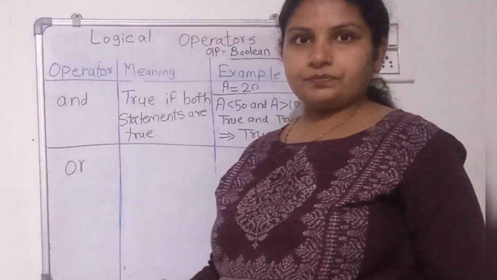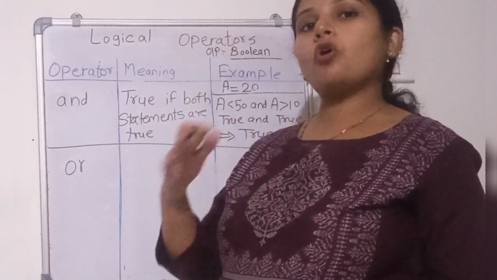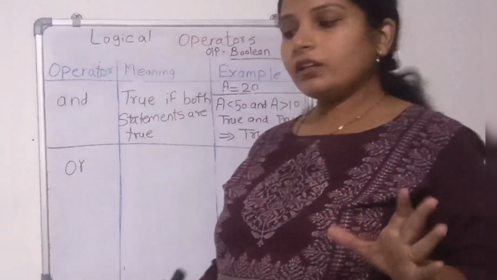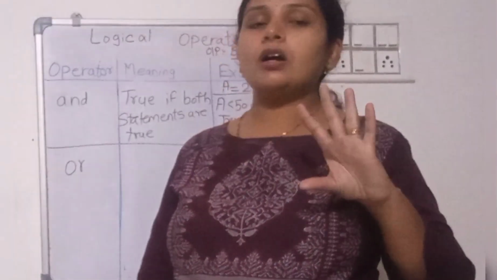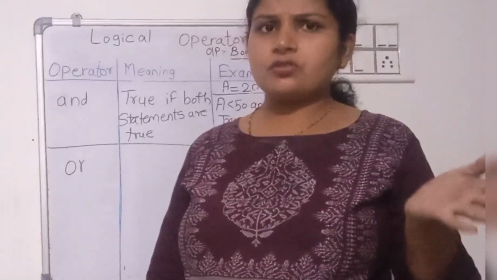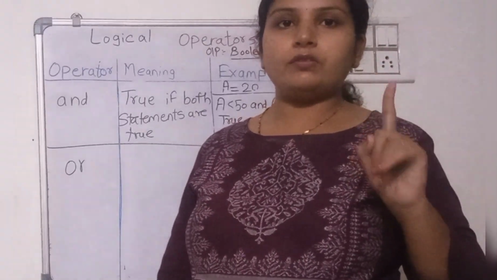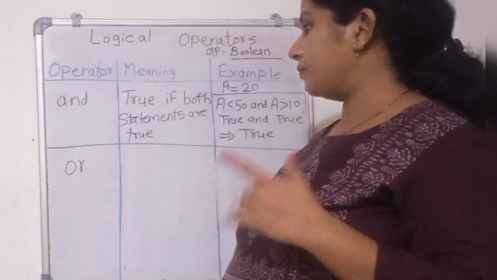This or that. Okay, statement 1 or statement 2. So here we are checking two conditions. We are checking two statements also, but only one true will matter in this.